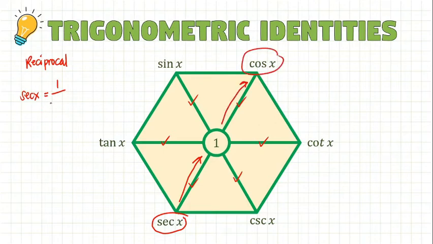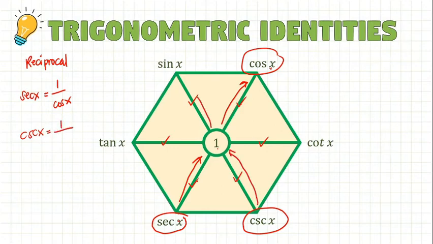That is the pattern here. In the same way, we can have cosecant x equal to 1 over sine x.